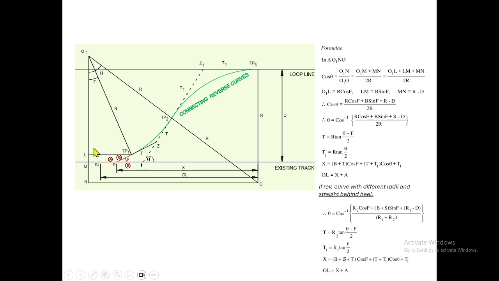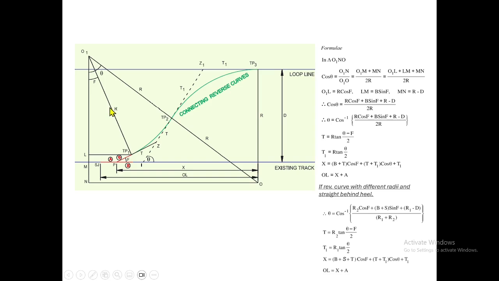Here it is 90, perpendicular. So automatically we will get this angle equal to f, because 180 minus 90 minus (90 minus f) gives f. So when we know this angle, and this is r, then automatically O1L equal to r cos f.